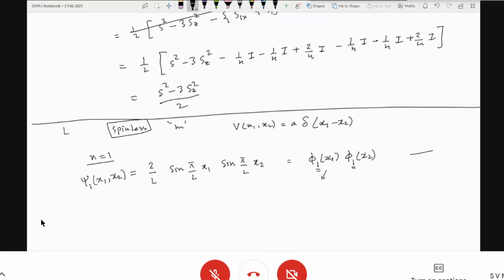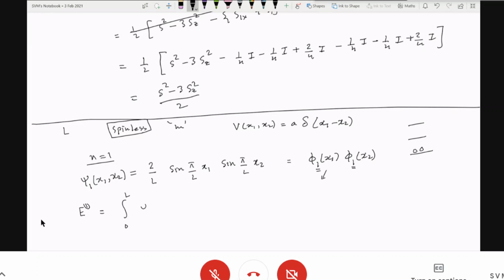See, your particle in a box has these levels. Now both particles can be in the ground state. Since they don't have a spin wave function, this is the wave function. So this is going to be your wave function. Now the first order correction is simply the integral from 0 to L.